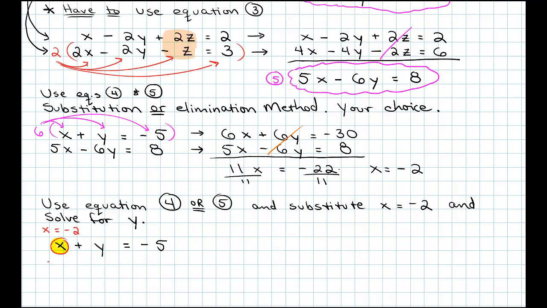So this will be negative 2 plus y is equal to negative 5. Solve for y. So I'm going to add 2 to both sides. This will give me y is equal to negative 3.